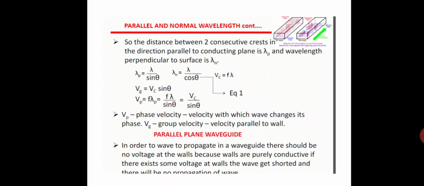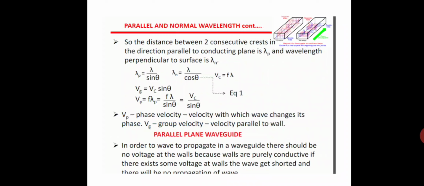The distance between two successive points in the direction parallel to the conducting plane is lambda p, and the wavelength perpendicular is lambda n. Then lambda p equals lambda upon sine theta, and lambda n equals lambda upon cos theta.